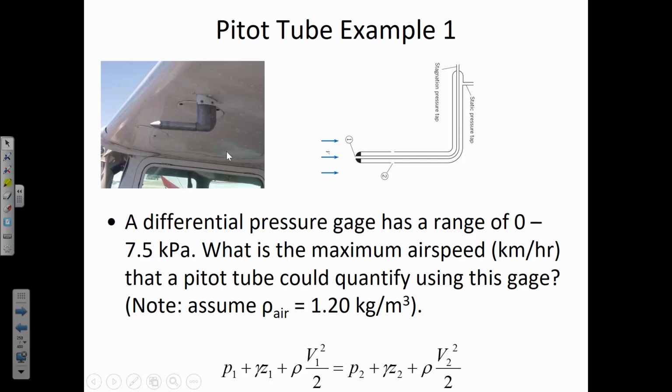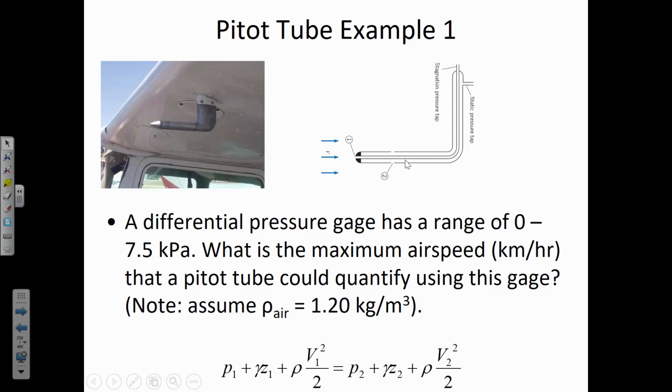So in this example, what I'd like you to do is apply the ideas of Bernoulli's equation. Now here I've turned the Pitot tube on its side just to help you see that here's the Pitot tube in the picture, here's the Pitot tube concept that we've got, and you can almost see that there's an opening in the front and an opening on the side. So it's measuring those two different pressures.